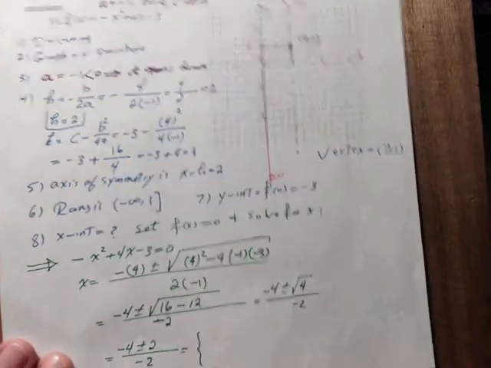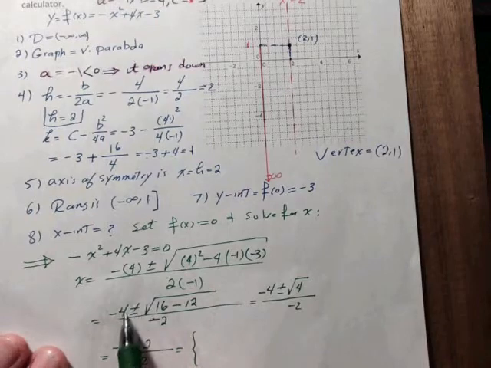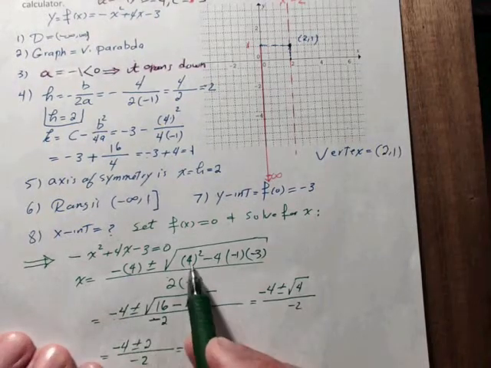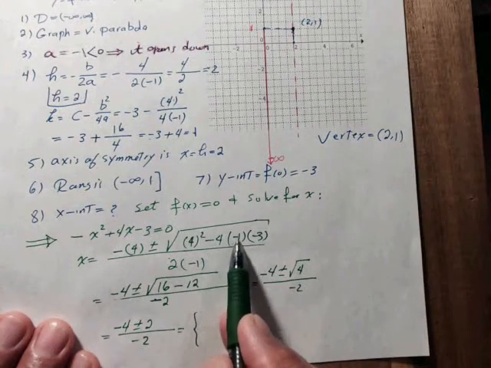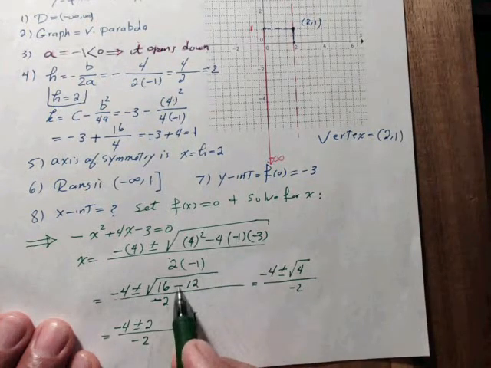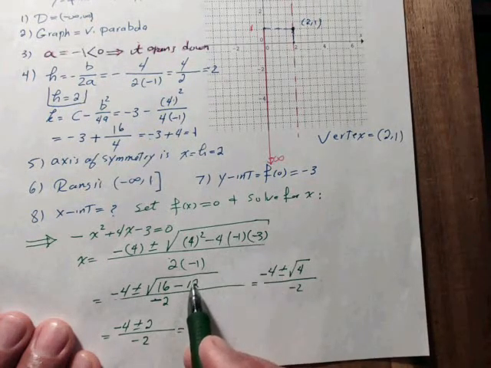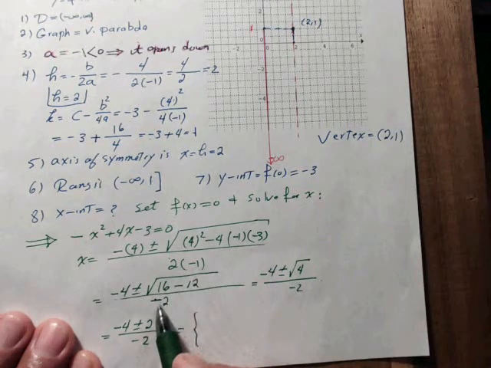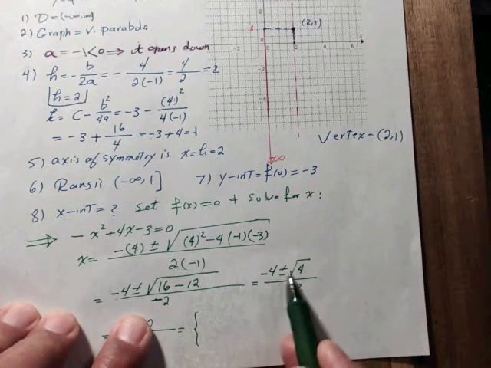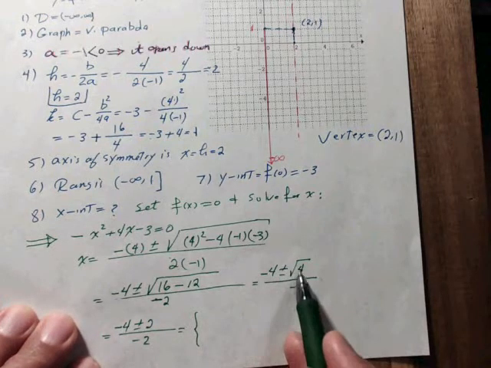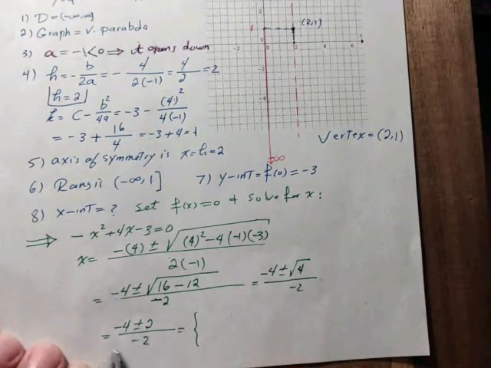The rest is simplification: 4 squared is 16, negative times negative is positive, 4 times 3 is 12, 2 times negative 1 is negative 2. Then 16 minus 12 is 4, and the square root of 4 is 2.